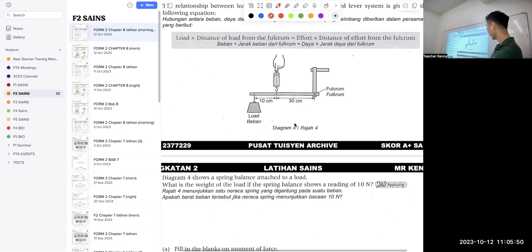What does the question ask you? What does the question ask you? What is the load? And then you ask back the question, what is the load? So you have to find the load.